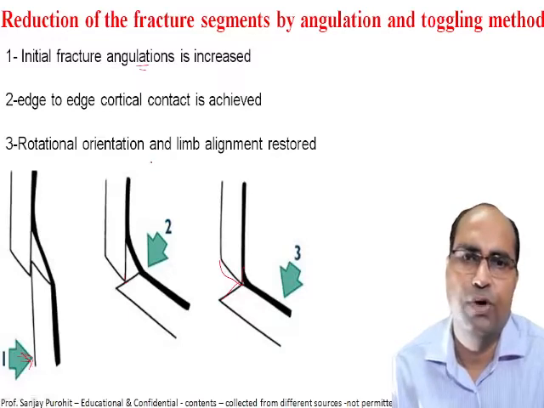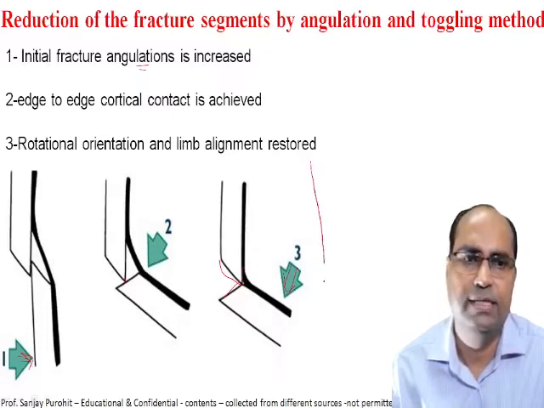Then rotational and orientation alignment of the limbs is restored by forcing the distal segment in this position. And finally, after the alignment, the bone is in this shape.